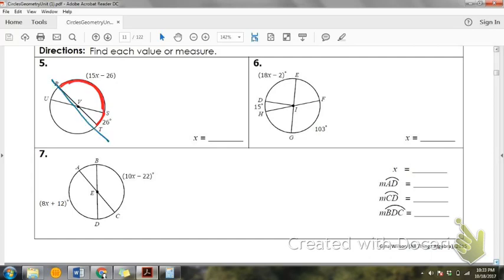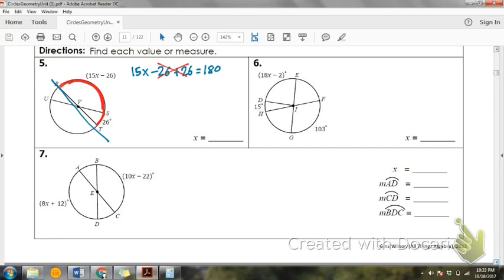It's half the circle, so we know that those two together have to make 180 degrees. So for this example, we have 15x minus 26 plus 26 has to equal 180. They created a semicircle together, which is half a circle. Remember, half a circle is 180 degrees.